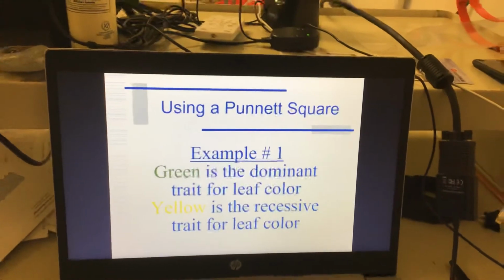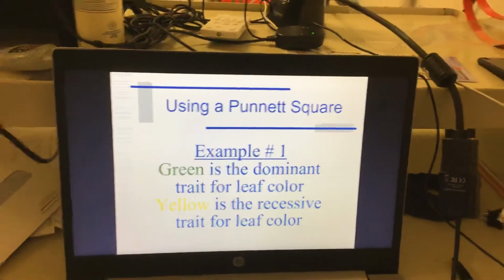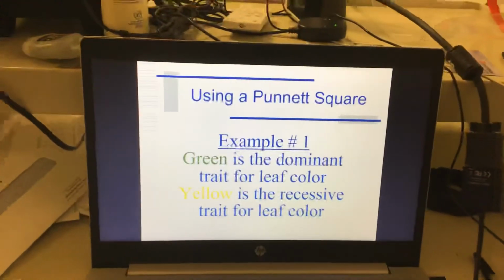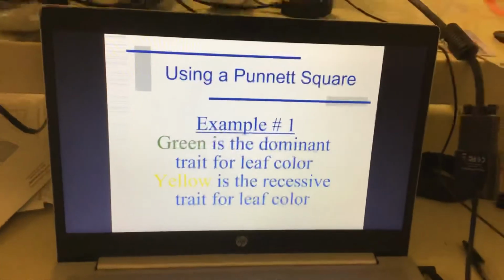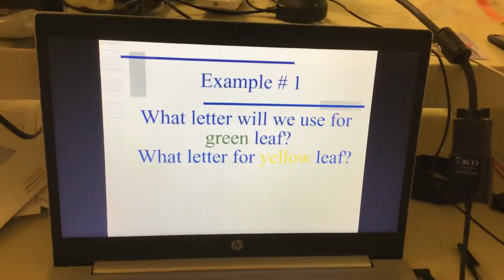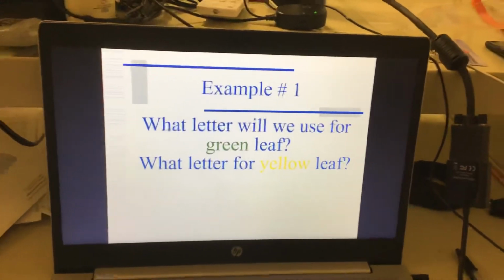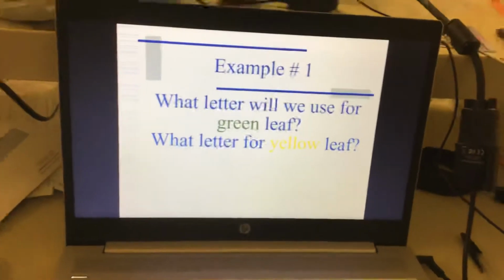So with our Punnett square, here's our example. Green is a dominant trait for leaf color. Yellow is a recessive trait for leaf color. These are just made up. These are just fun and easy. So green is dominant to yellow. So what letter would we use for a green leaf? Well, first of all, we would use a G because green is dominant.